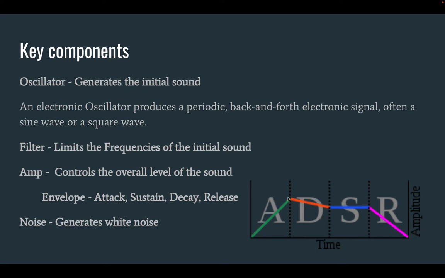The decay is where the sound goes down to before it reaches sustain, and the decay of a sound can be adjusted longer or shorter. Sustain is its point of rest, where it's going to sustain to. Then the release is what happens after the key is released, if you're using a keyboard to generate the sound.